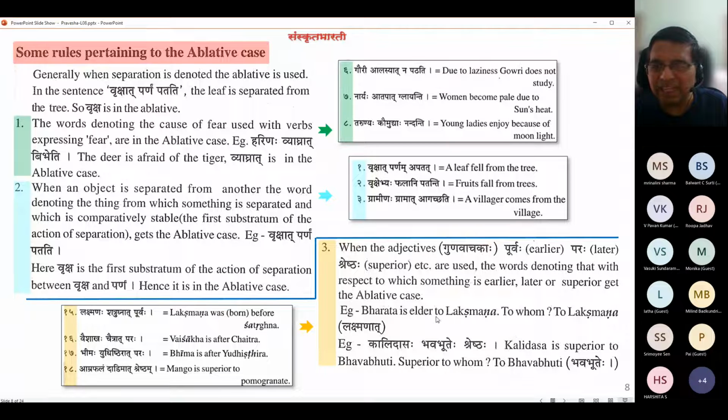Of course, to or than Lakshmana also can be used. So the 'than' is a slightly easier phrase in English for us to refer to the reference of a comparison. Okay, Kalidasa Bhavabhute Shrestha, Kalidasa is superior to Bhavabhuti, 'than Bhavabhuti' is also possible in English. So superior to whom? Superior to Bhavabhuti. So 'to' is in the sense of 'than'.